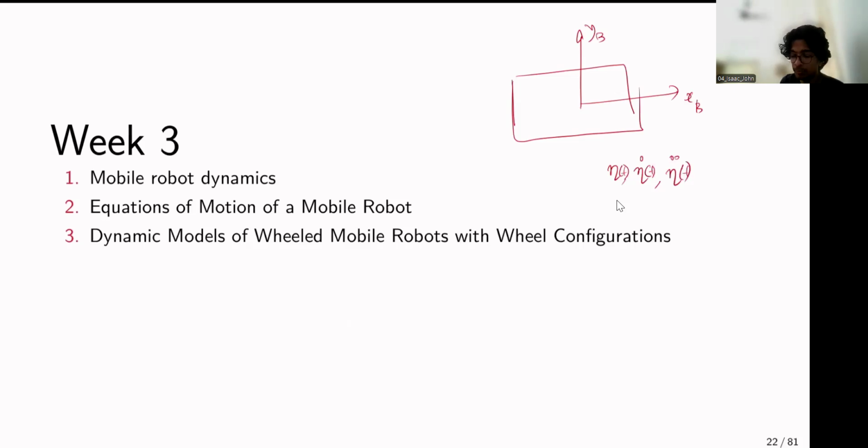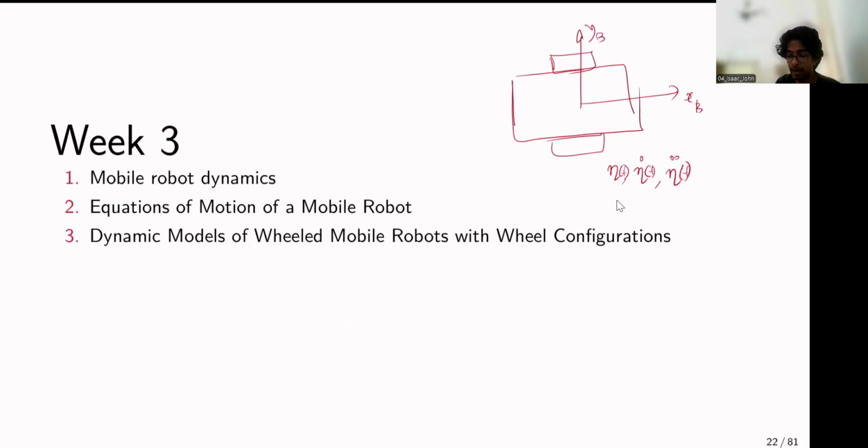Then what should be the forces that you should be giving as inputs to the actuators, right? The control inputs that you should be supplying. All these aspects would be taken care of by the equations of motion, or the governing equations, which give you an idea about what the state of a mobile robot is at each and every instance of time.